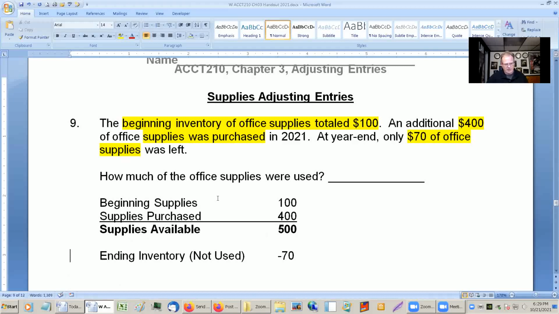Scratch that. Let me change this. I'm jumping a chapter ahead. Okay, so $430.